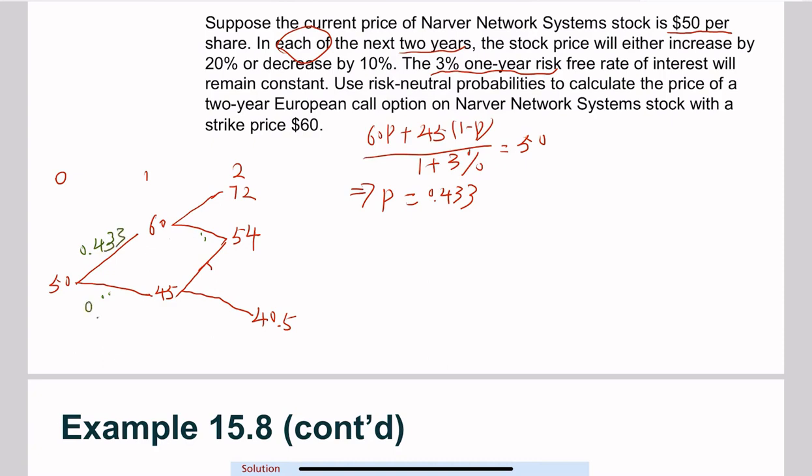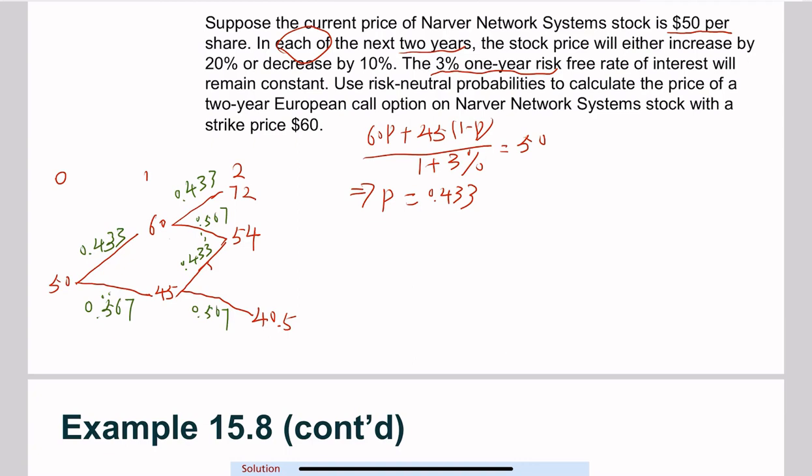Then this has to be 0.567, right? And then you can verify that if you use these 3 numbers, you will get the same answer. So you will again have 0.433 and 0.567, 0.433, 0.567. Okay. Now we have finished our first step.